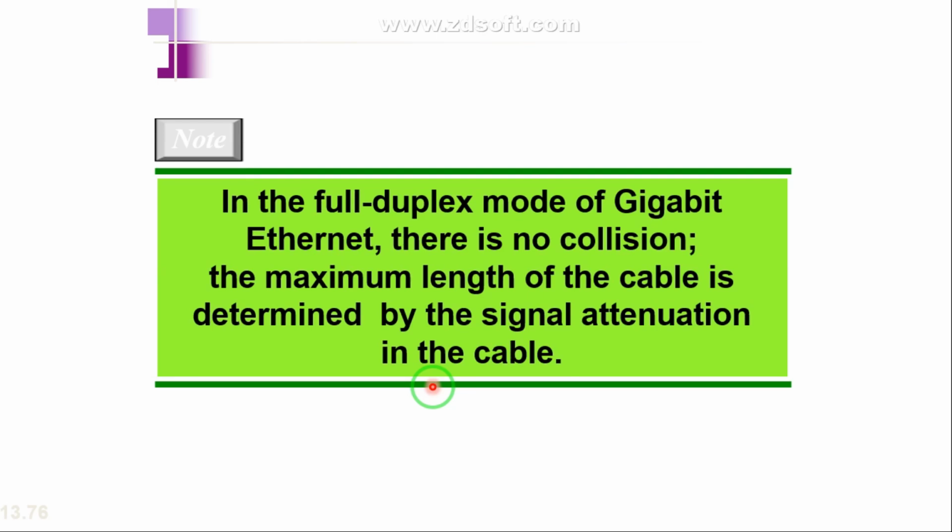In full duplex mode, what is going to happen, guys? There is a central switch, as we know, which is connected to all computers like this. This is your central switch, and it is connected to all stations like this one.